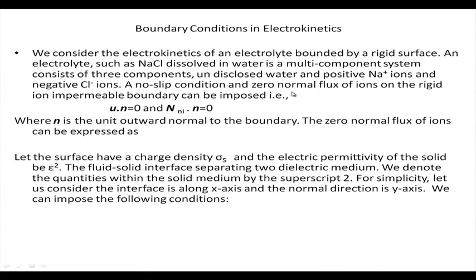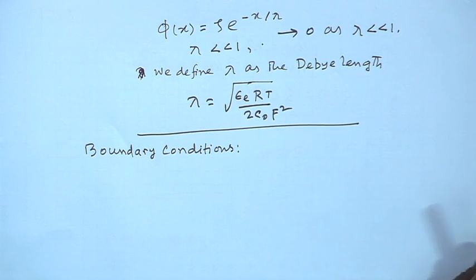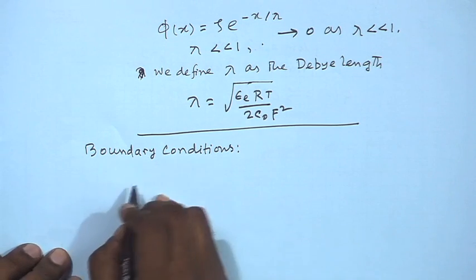Now, boundary condition means we have a rigid surface over which, say, we consider an ion impermeable rigid surface.